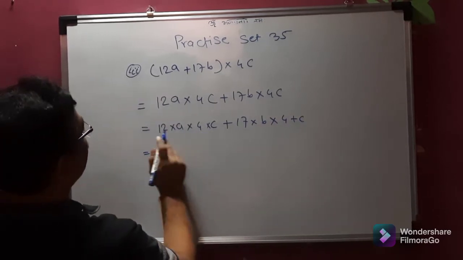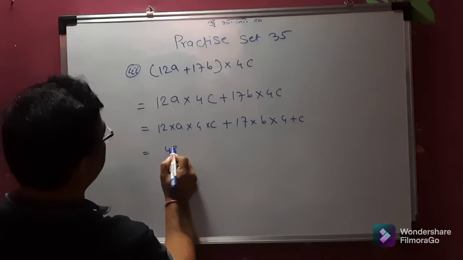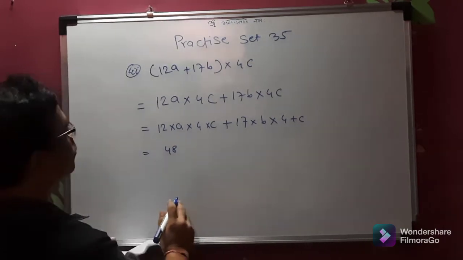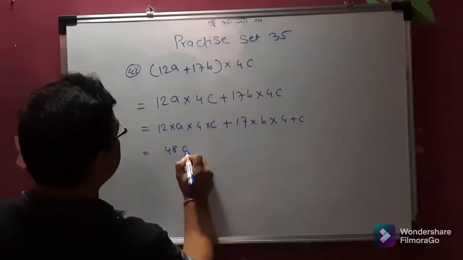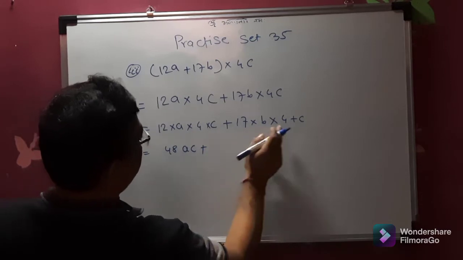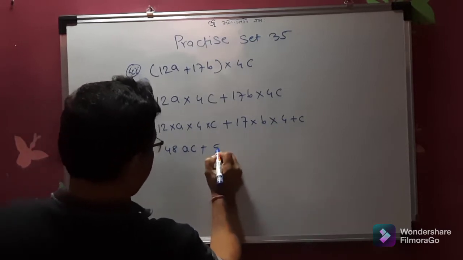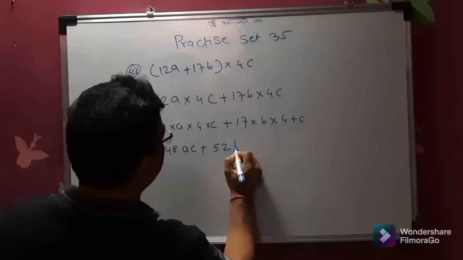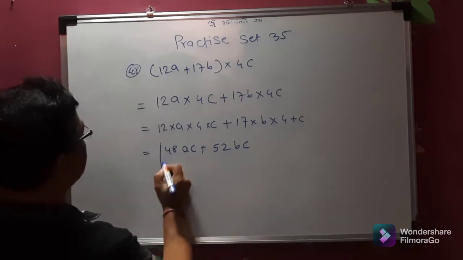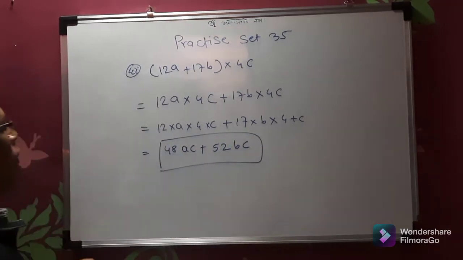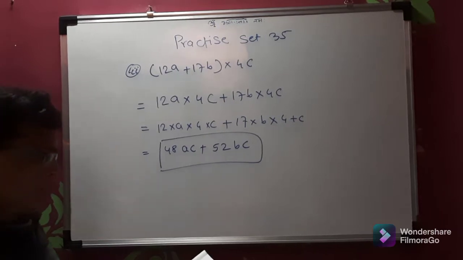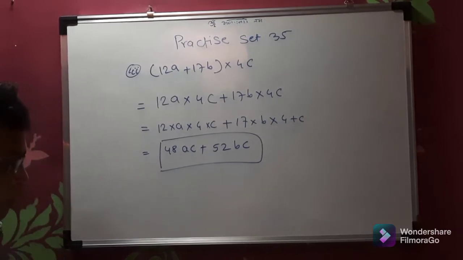So 12 4s are 48. Then a and c will remain as it is, plus 17 4s are 68, and then b and c will remain as it is. So this is the answer of this question: 48ac plus 68bc. Now we will solve problem number 4.